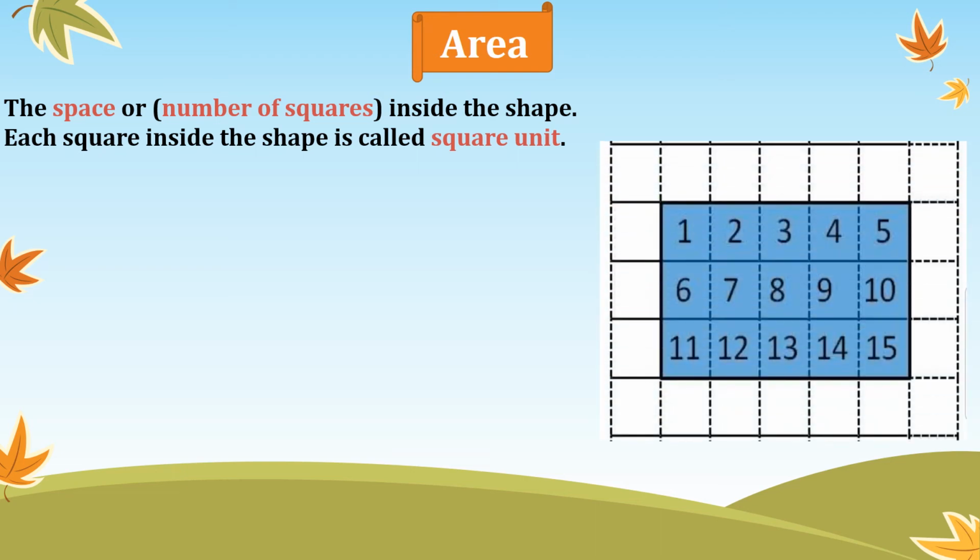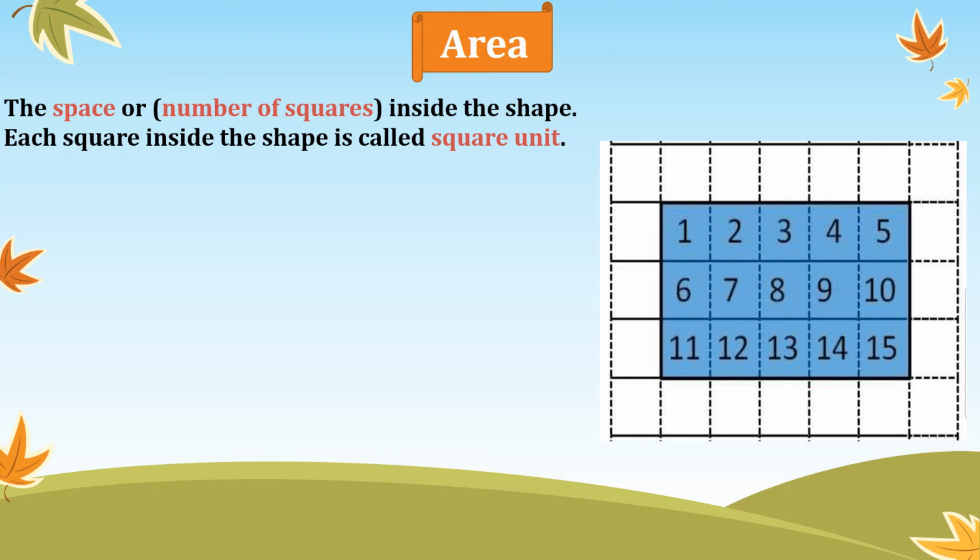Here, in our example, we have a rectangle colored with blue. This big rectangle has some squares inside it. If we count these squares inside this rectangle, we will find 15. So the area of this rectangle is 15.